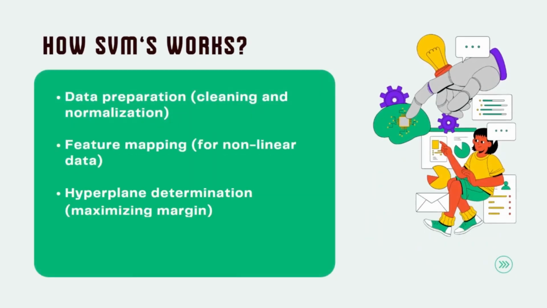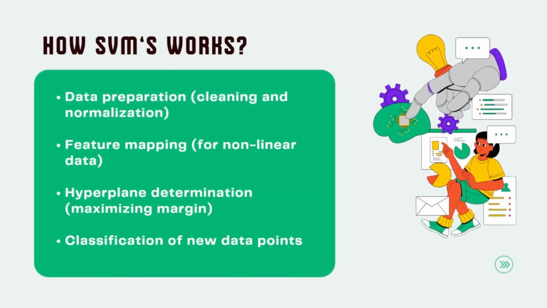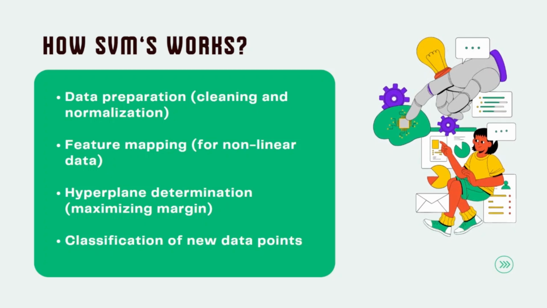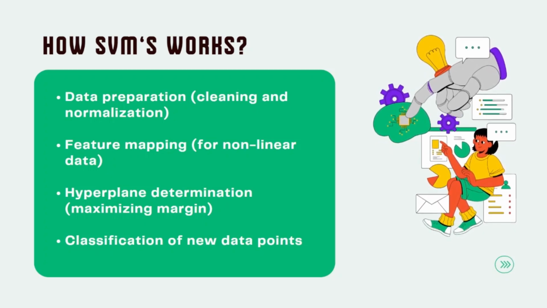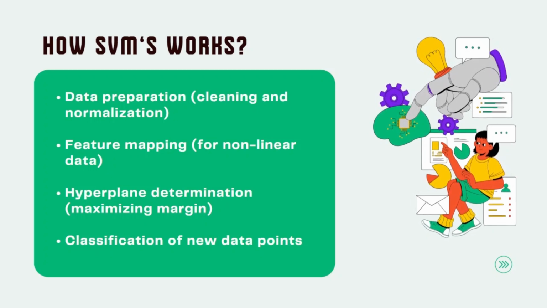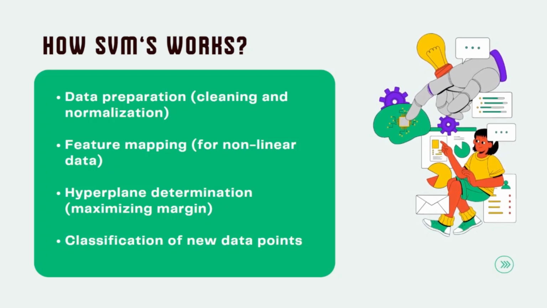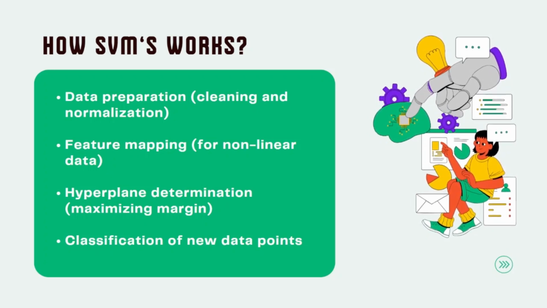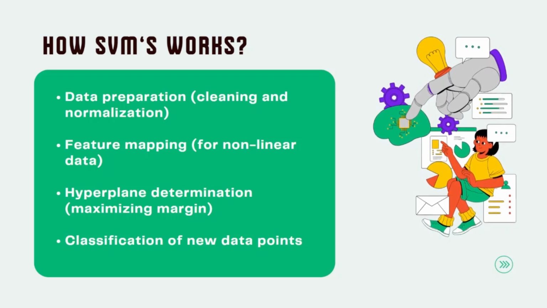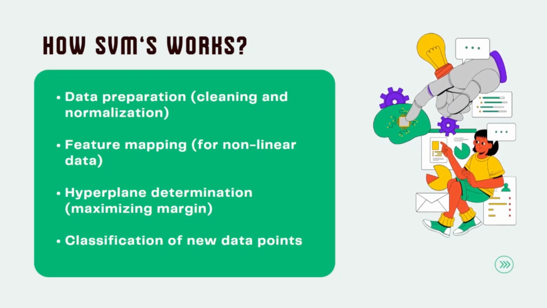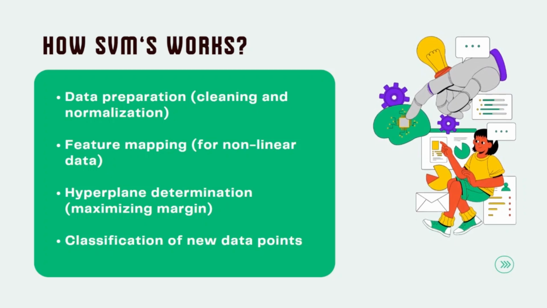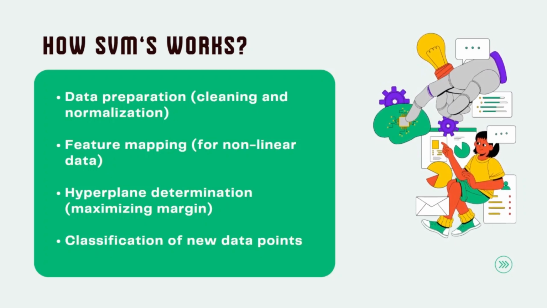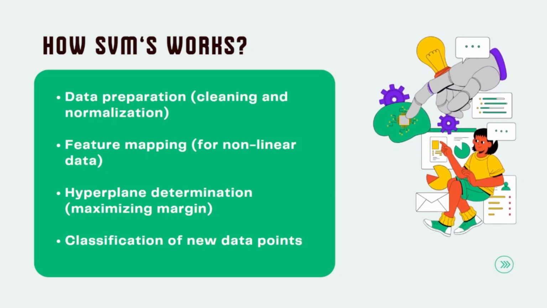Now let us understand how SVMs work. First, you need to prepare your data by cleaning and normalizing it to ensure a consistent scale for all the features. If your data is not linearly separable, a technique called feature mapping can be applied to transform it into a higher dimensional space where a separating hyperplane can be found.